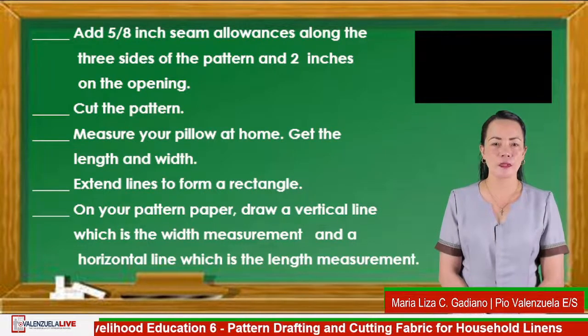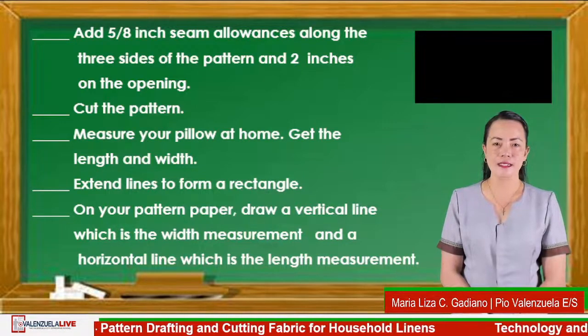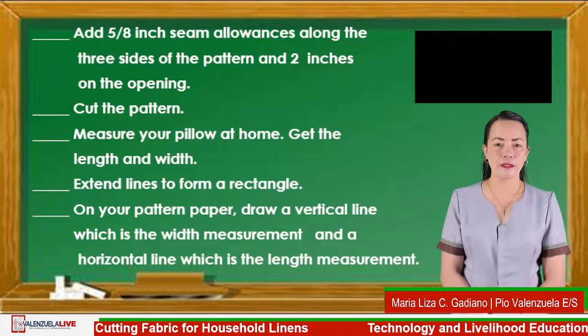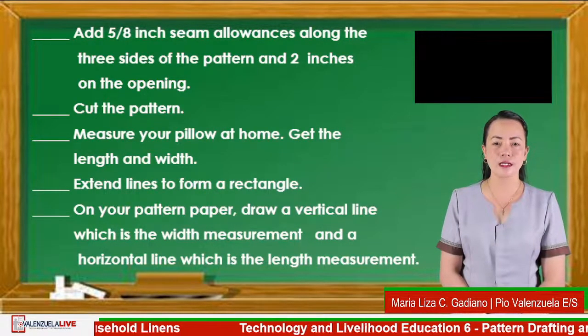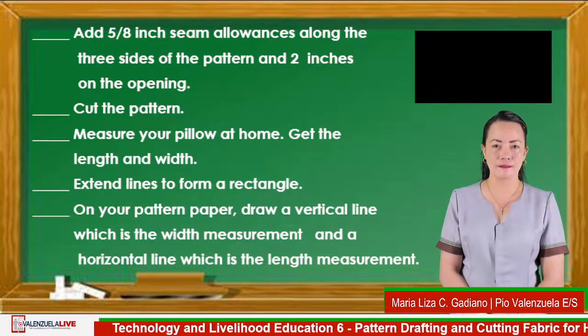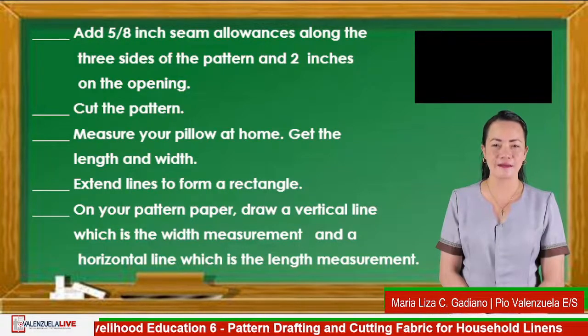Measure your pillow at home. Get the length and width. Extend lines to form a rectangle. On your pattern paper, draw a vertical line which is the width measurement and a horizontal line which is the length measurement. Your 25 seconds timer starts now.